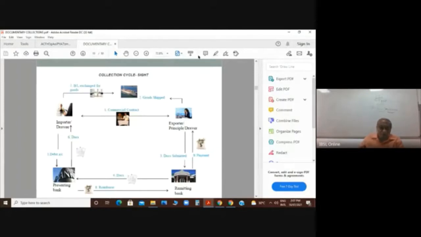Number 2, exporter or principal will ship the goods. And number 3, submit the documents to the remitting bank. Like that, I want you to write the steps one by one. Right?